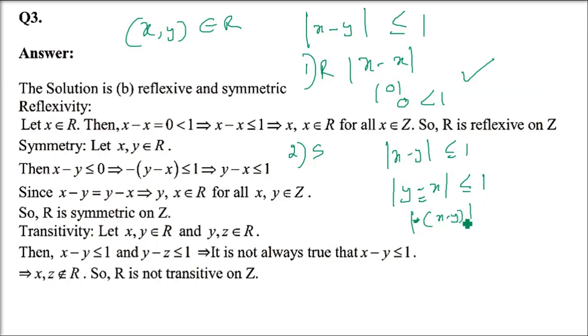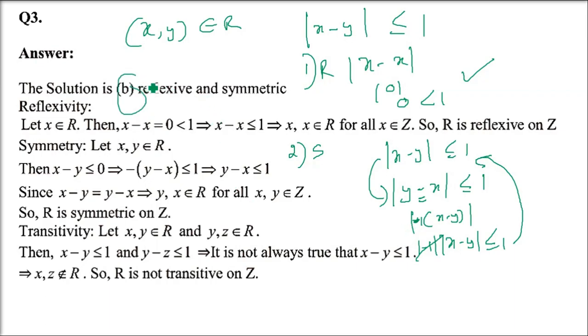The mod of a negative value will be positive. You can always write it as minus 1 times (x minus y), and minus 1 you can take out. Mod of minus 1 is plus 1. So these two are exactly similar. That is, if (x, y) holds, (y, x) also holds.